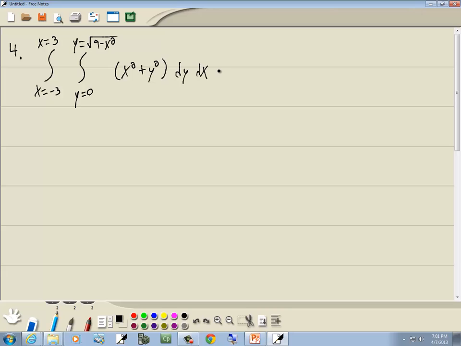Now, if we looked at the graph of this, -3 to +3, y is equal to square root of 9 minus x squared.